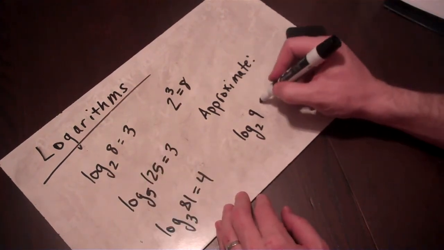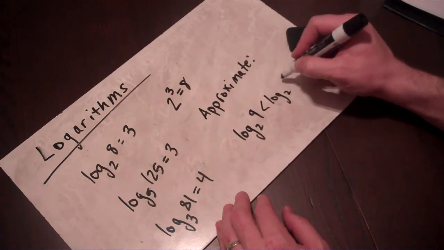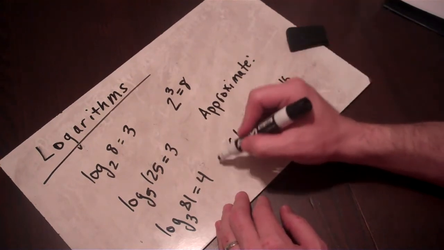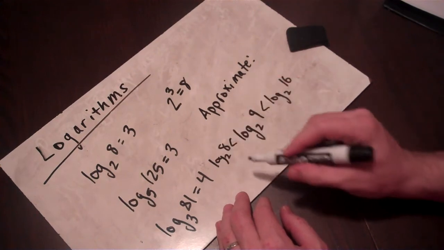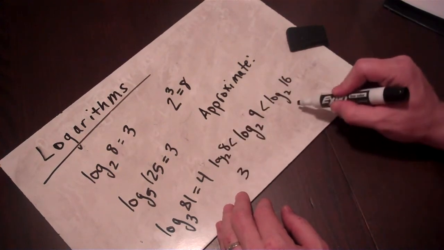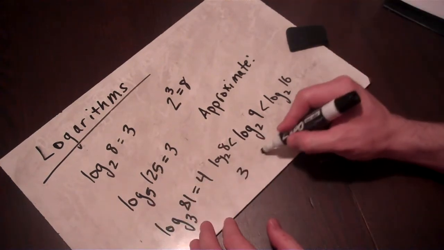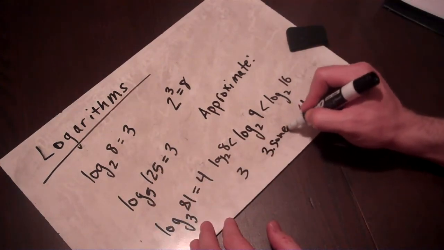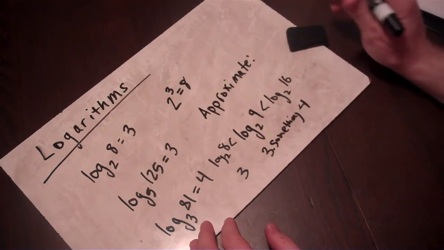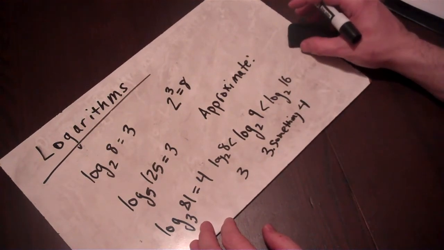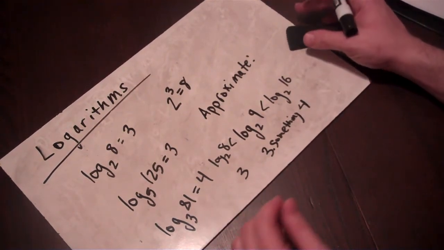But we know it's in between those two things. It's in between log base 2 of 8 and log base 2 of 16. Now log base 2 of 8 is 3, and log base 2 of 16 is 4. So log base 2 of 9 is 3 point something. And that's okay. If we're just trying to approximate it, 3 point something is a good enough approximation.